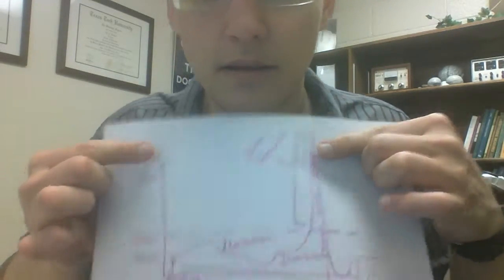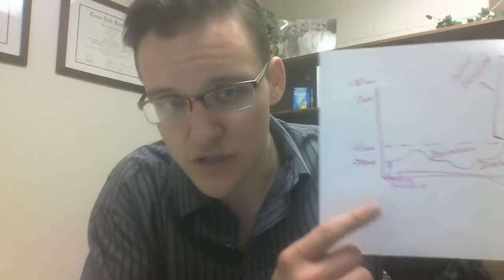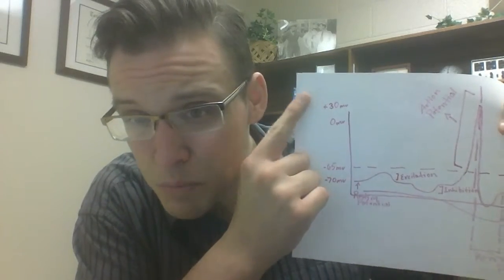It won't even start. So an action potential is all or none. Now, as you can see, it's a huge change in voltage. Here it's changed from a resting potential of negative 70 millivolts to positive 30. So it's a huge change.